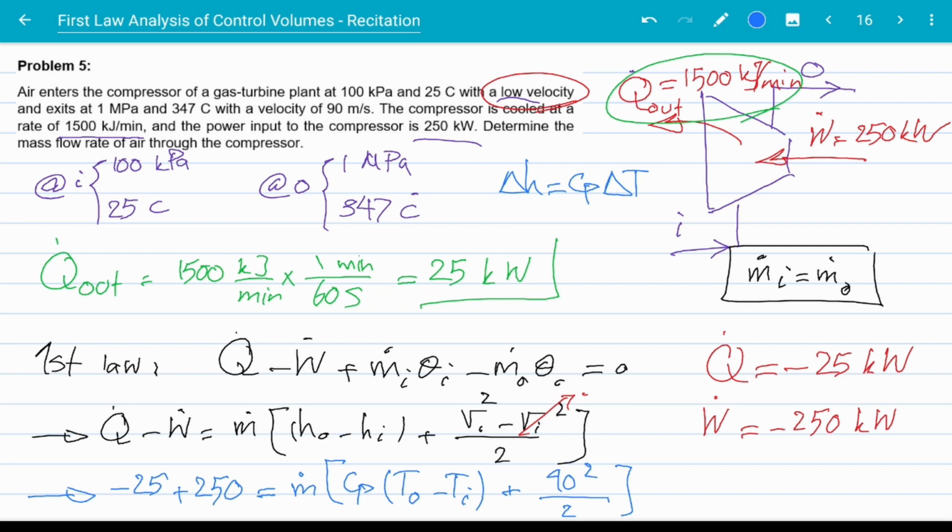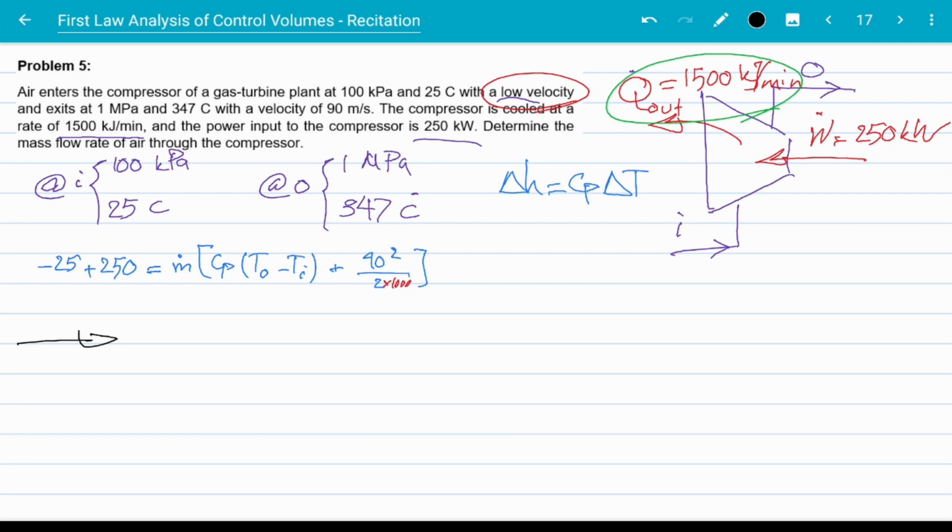Now, again, we have the same problem that we had a couple of problems ago. This guy gives you kilojoules, whereas this guy is giving you joules. We need to have them in the same unit. So I'm going to divide this by 1,000 so that this will be kilojoules as well.